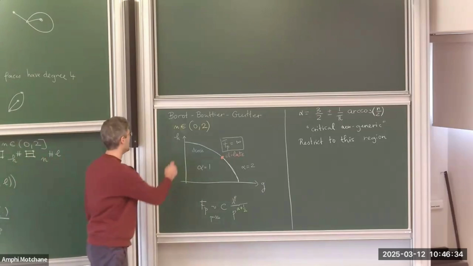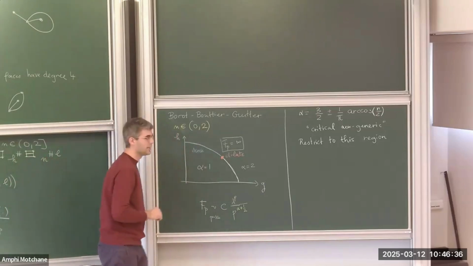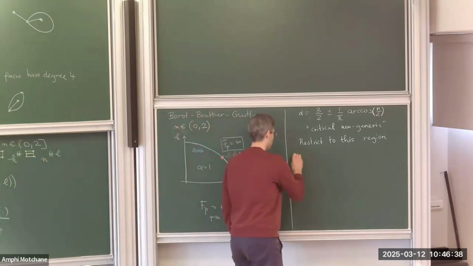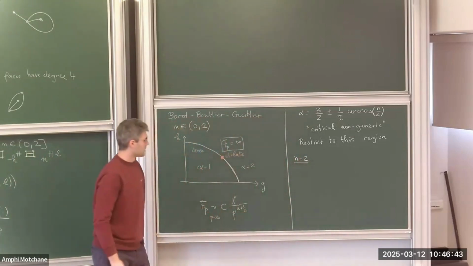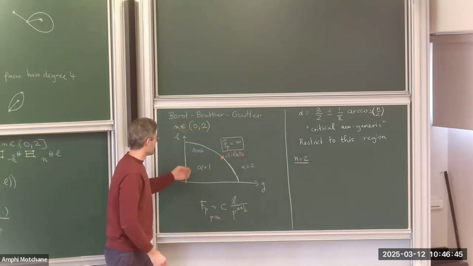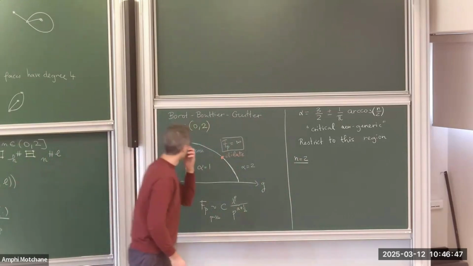But let me say that this was for n strictly less than 2. For n equals 2, with Xingjian and Élie, we managed to extend this phase diagram just by taking limits.